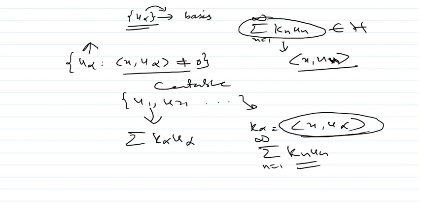For any given x, you can find countably many un where the inner product of x with un is not equal to 0. This gives the whole series, whether alpha is countable or uncountable, but it turns out to be only countable, because only countably many k alphas are non-zero. The rest are all equal to 0.